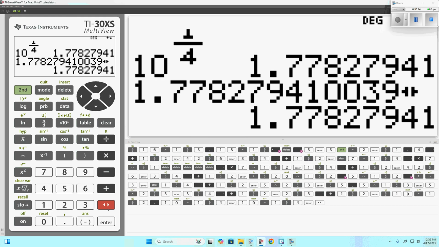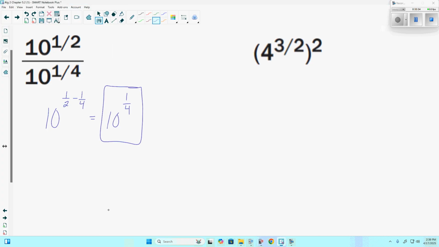It does it with radicals, it won't so much do it with this here. But what this does tell us is that the decimal approximations are the same. So that means 10 to the 1/4 is the equivalent value of what we started with. So it is the correct answer, it is the simplified version. It gives us a way to check it. Even though it won't give us the exact value, it does give us a way to check and verify that it is the right value. Questions on this here?